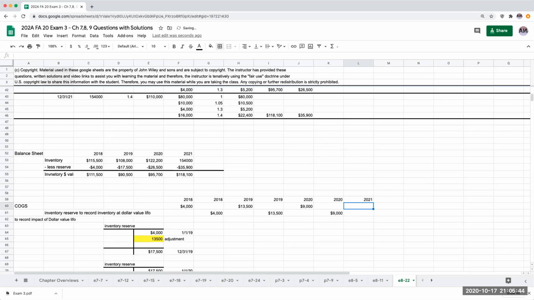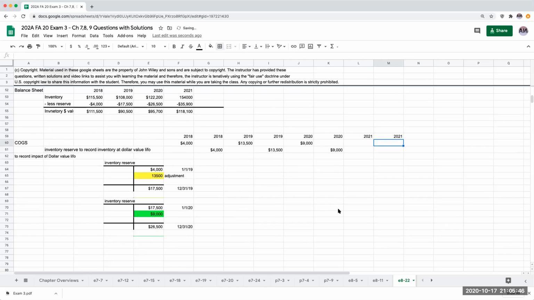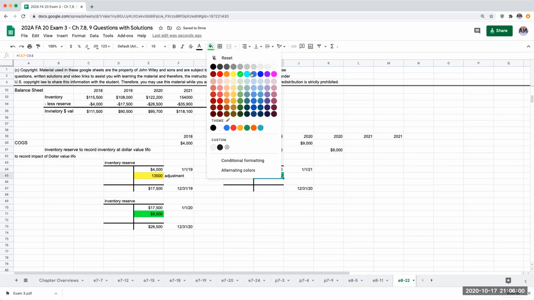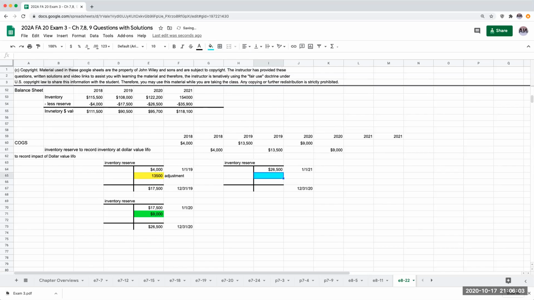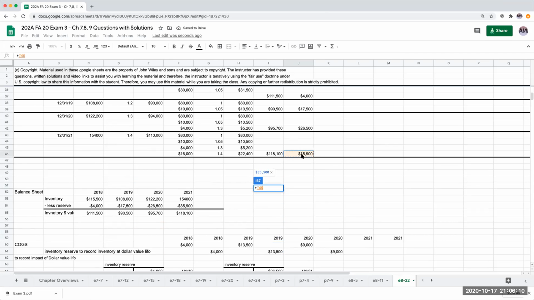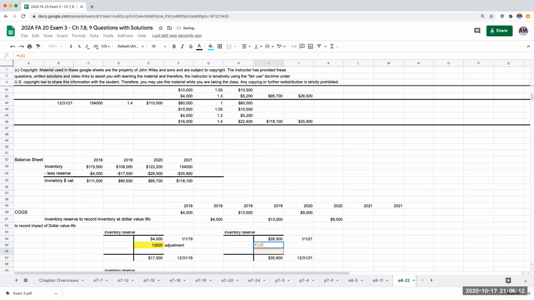So my journal entry for 2021 is that if I take this balance here, my beginning balance as of 1/1/21 was 26.5. And as I come over here, the ending balance as of 12/31/21, we said was 35,009. So the adjustment that I need to make in the current year is going to be 9,400.